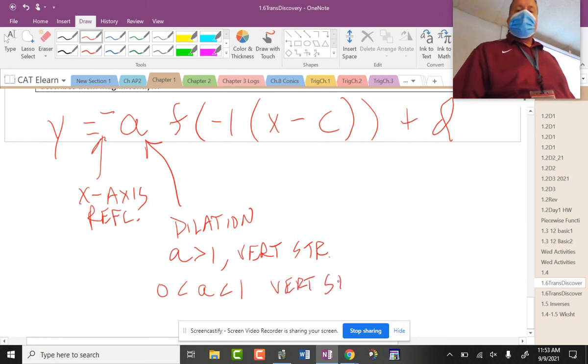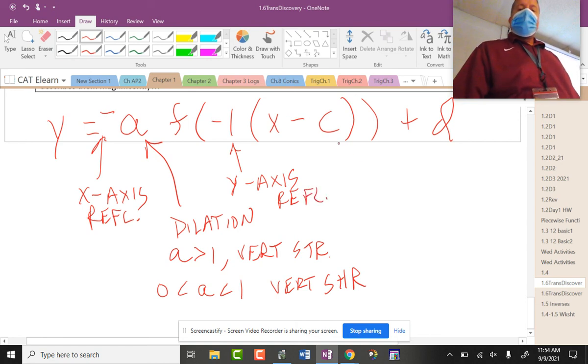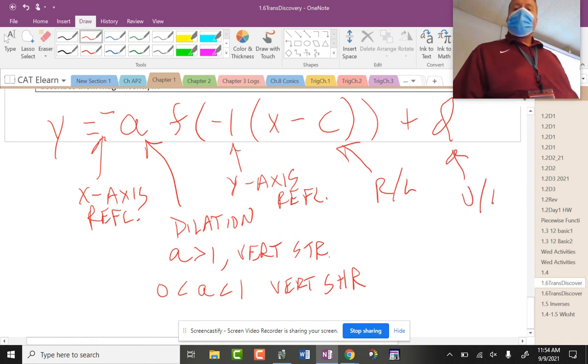So that one's a little bit annoying that we have to write that. This negative 1 on the inside is a y-axis reflection. Refer to, I think it was example number 4. And then C is a right-left shift. D is an up-down shift.